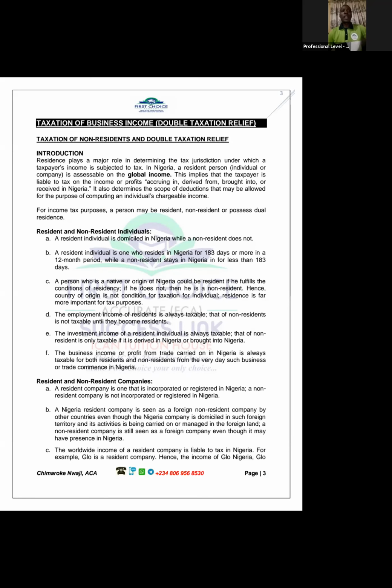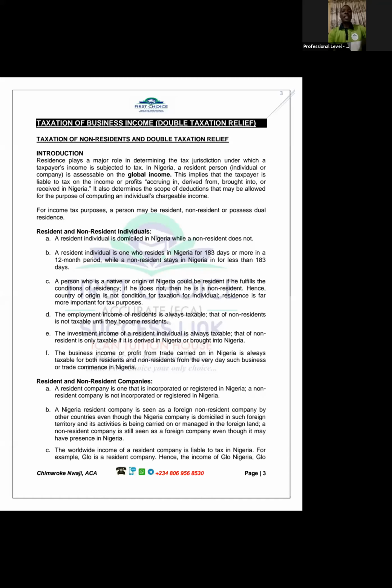It's a kind of tax whereby a Nigerian company earns foreign income. When we say a Nigerian company, we mean a company that is incorporated in Nigeria. So any company incorporated in Nigeria is a Nigerian company.